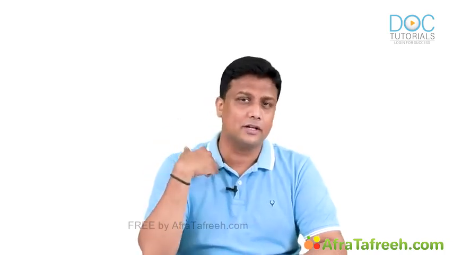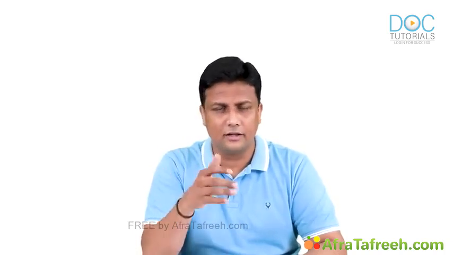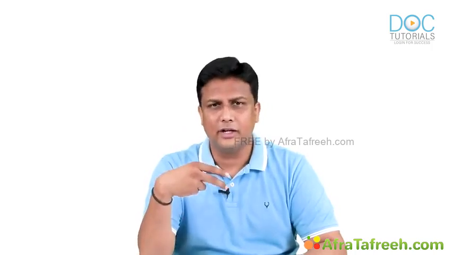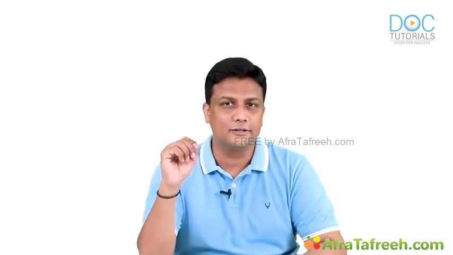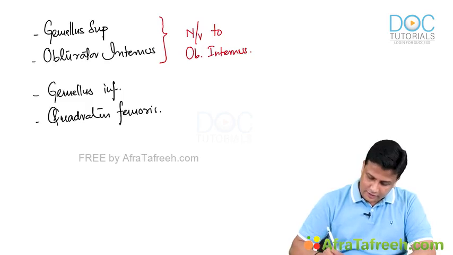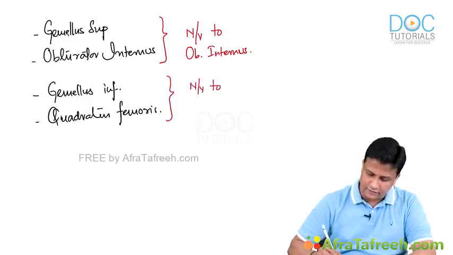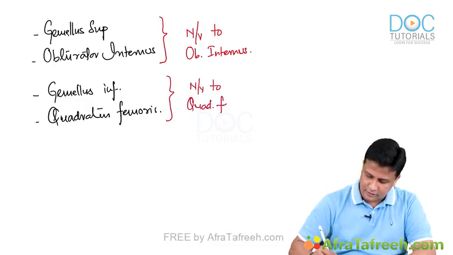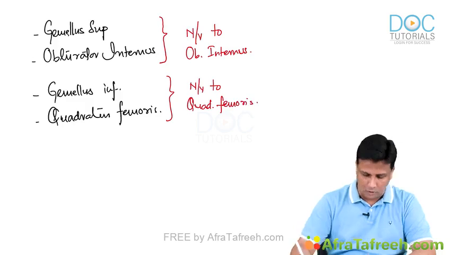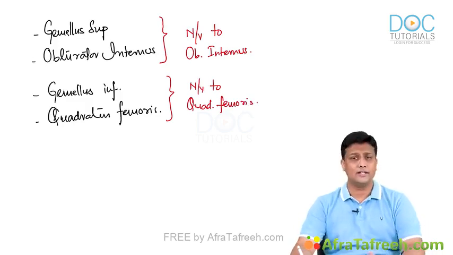There is a nerve supplying the subclavius muscle, nerve to subclavius. The name itself is nerve to subclavius. So similarly here, gemellus superior as well as obturator internus will be supplied by the nerve to obturator internus. Gemellus inferior and quadratus femoris will be supplied by the nerve to quadratus femoris only. Wow. So the names of the nerves are quite easy there.